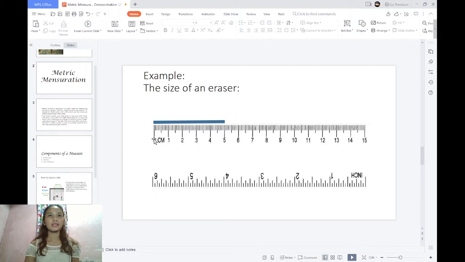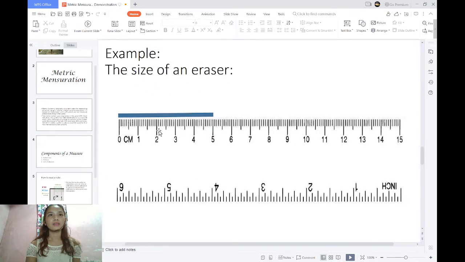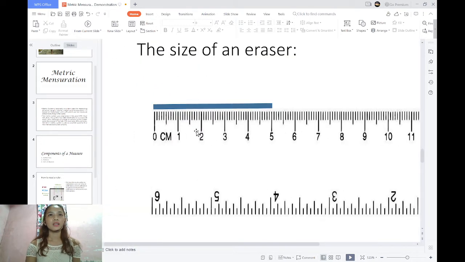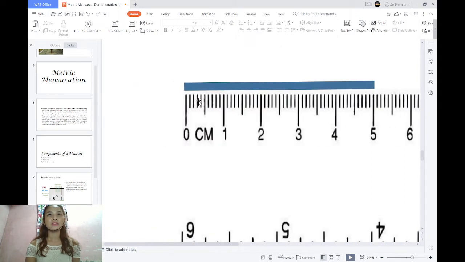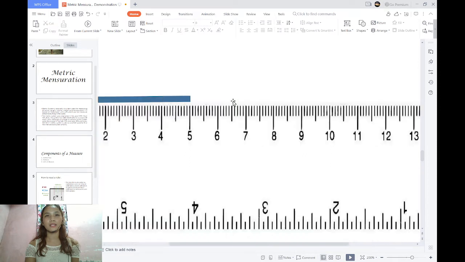This is what you call the number: 0, 1, 2, 3, 4, 5, 6, and so on. That is what you call a number. And let me zoom in on this. These small lines here are what you call the calibrations.